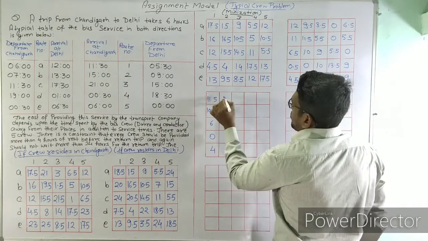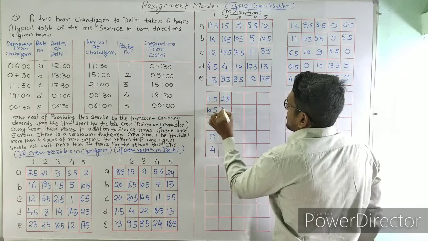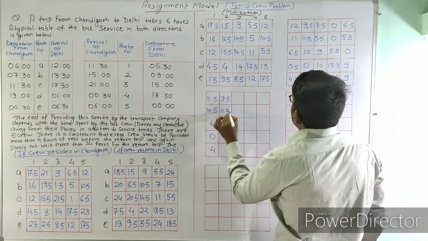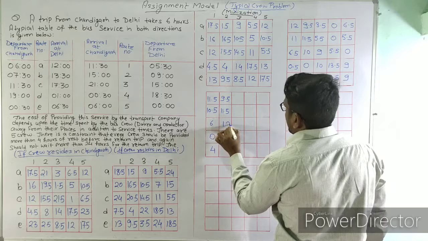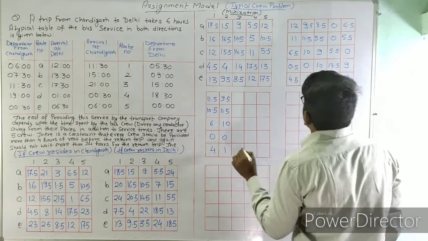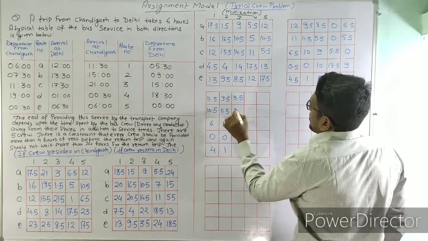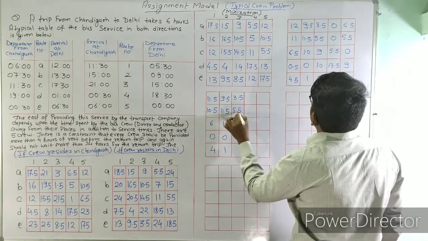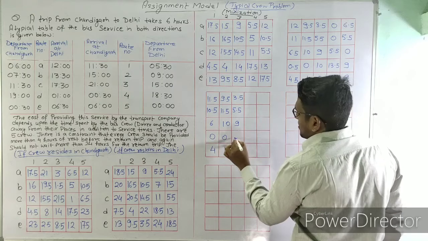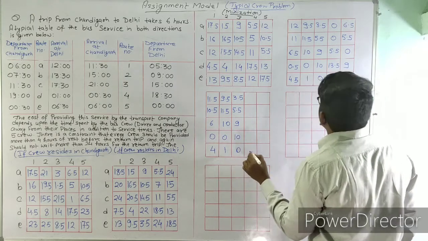So this will be 9.5. This is 11.5. This is 10. This is 0. This is 1. And this is 3.5. This is 5.5, this is 9, this is 10 and 0.